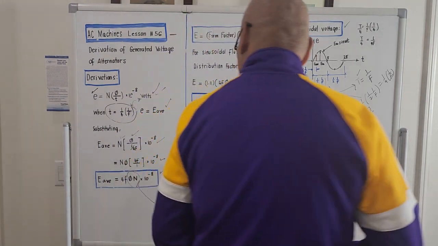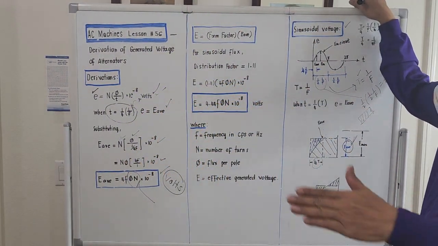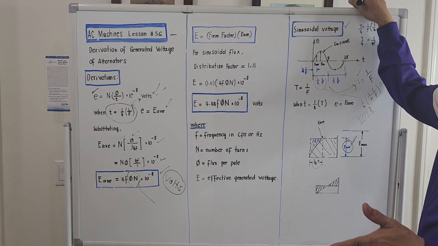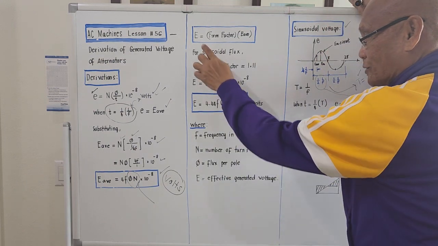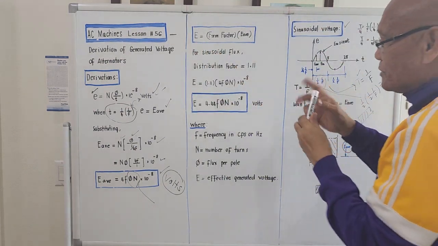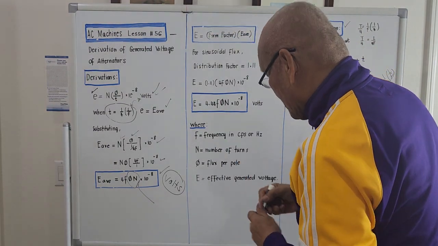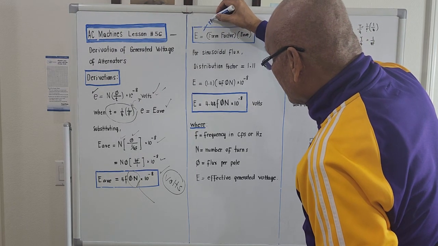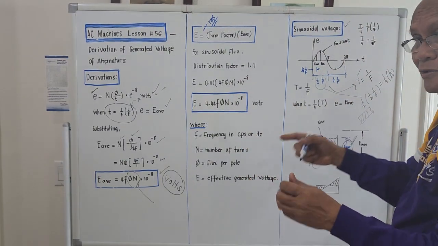Okay, but we are not interested in that. The voltage we are using at home is not the average voltage. It is actually the so-called effective voltage. So we must bring out the relation of average voltage with respect to E. Actually, this E here is the so-called RMS value, root mean square value, or the effective value.